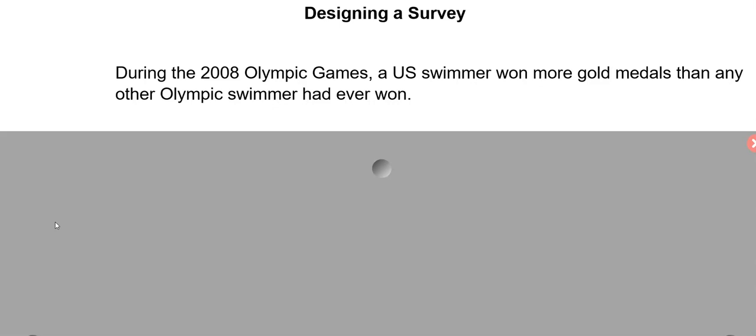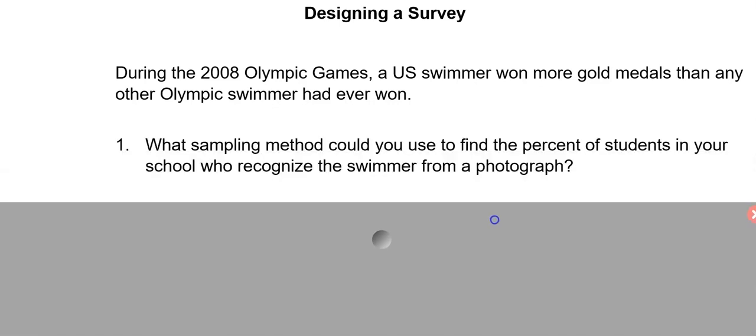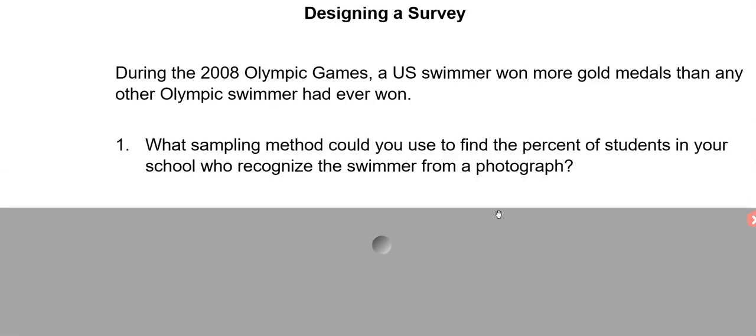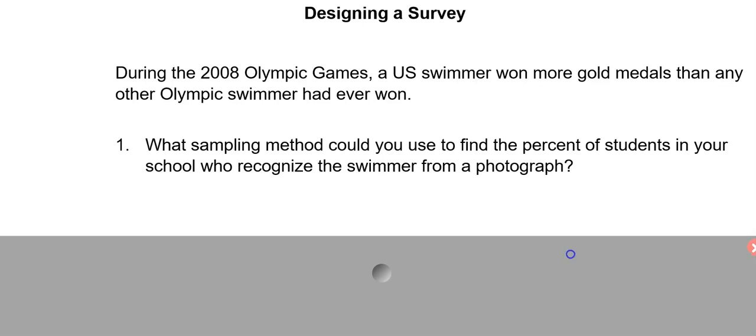So last thing, let's just design a quick survey. During the 2008 Olympic Games, a U.S. swimmer, you might know who it is, won more gold medals than any other swimmer had ever won. What sampling method could you use to find the percent of students in your school who recognize the swimmer from the photograph? Well, you could use a lot of different ones. You might randomly select.